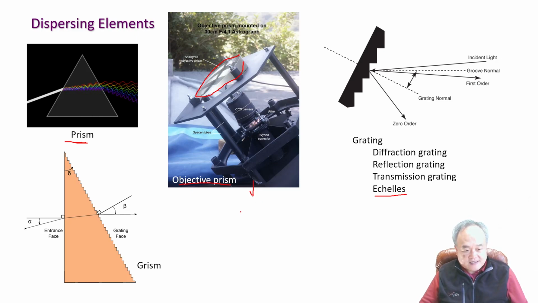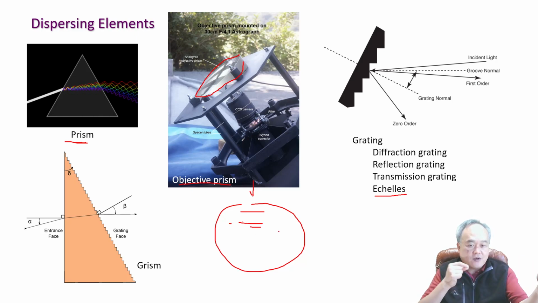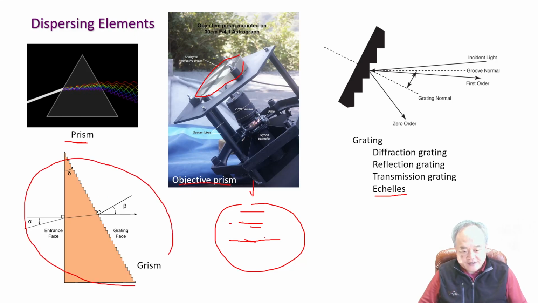The objective prism has a built-in limitation because every object in the field of view is dispersed. Depending on the orientation, the spectra of unrelated stars can overlap each other.